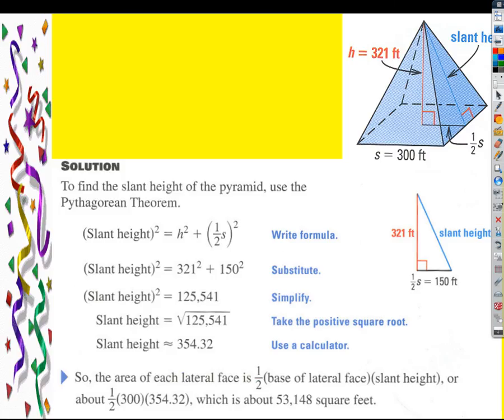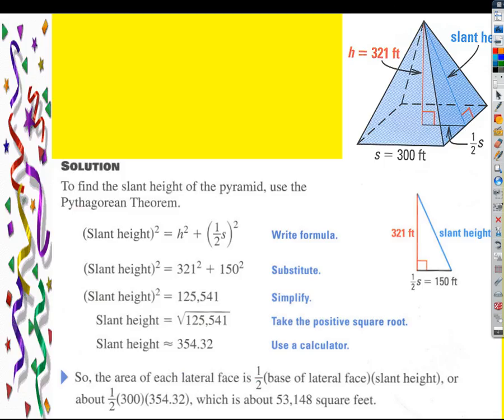So if s is the length of one of the base edges, how is the slant height going to be related to that? We can set up a right triangle, which is always a good idea, because it gives us a relationship between all three sides, the Pythagorean theorem.